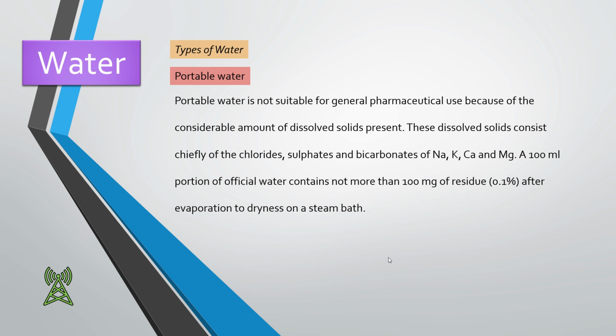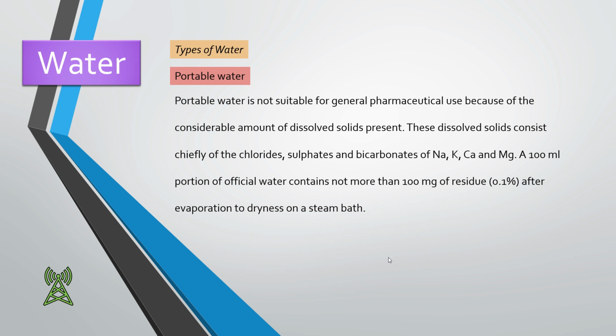Potable water is important, but it is not used for pharmaceutical production or for dissolving things in pharmaceuticals. It contains sodium, potassium, calcium and magnesium and certain other things also, which we'll see in the details of the constituents of potable water.